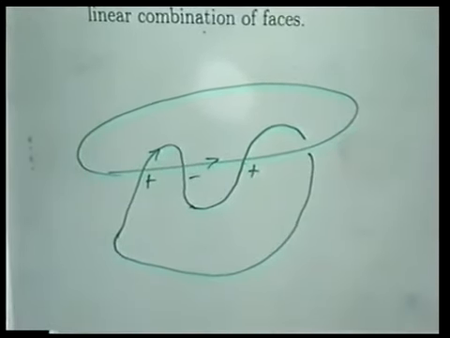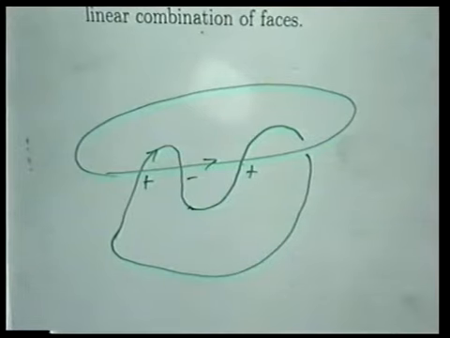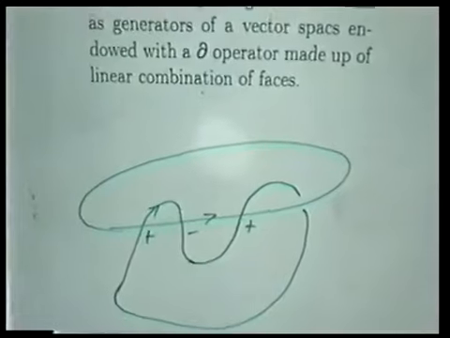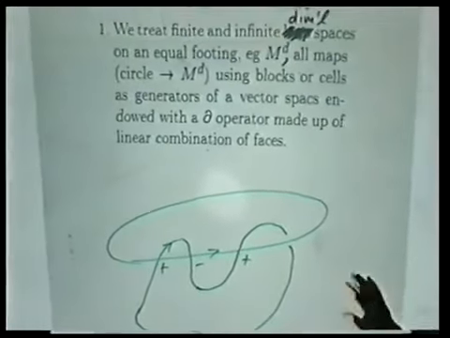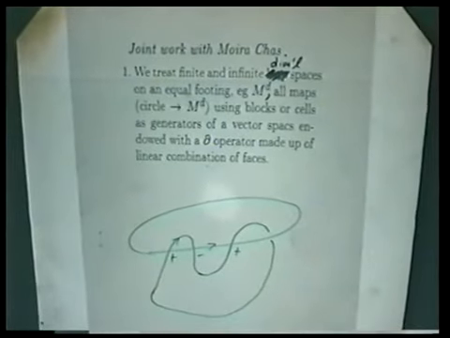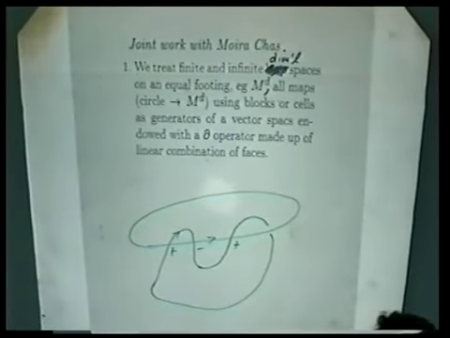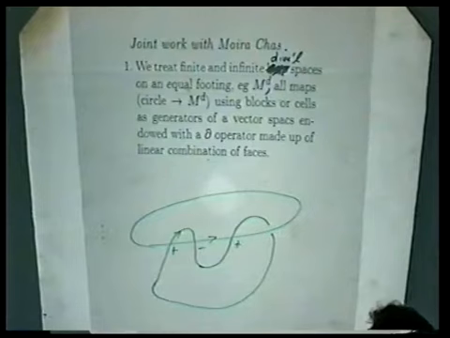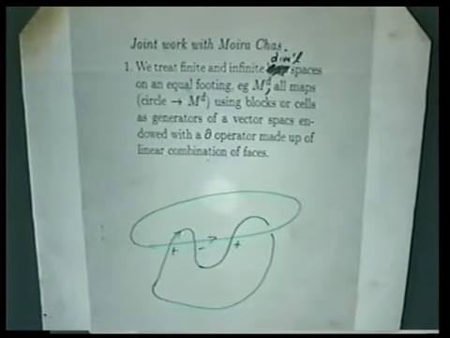So the two examples are a finite dimensional manifold M^d, and then all maps, say smooth or continuous, the details are going to be unimportant, of the circle into the manifold. And the way you treat these spaces, you break them into blocks or cells, which you take to be generators of a vector space. You can grade the vector space by the dimension of the cell. Then there's a natural boundary operator on this space made up of the linear combinations of the boundaries of the blocks.